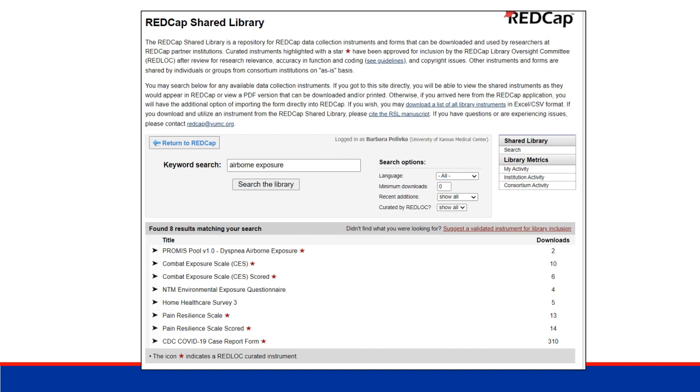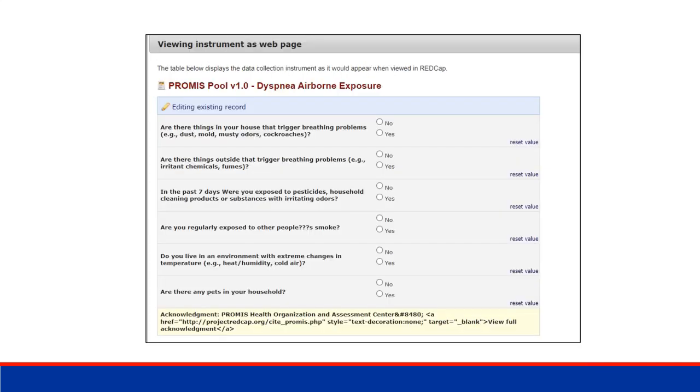The idea of PROMIS is that measures can be used across multiple areas and you can compare findings using them. There's also a measure called Environmental Exposure Questionnaire, and you can find others. Here I searched on the topic of airborne exposure, so this is what came up. Here is the Dyspnea Airborne Exposure Tool.